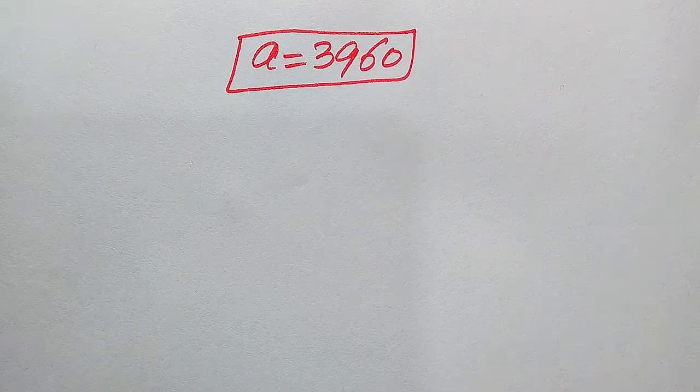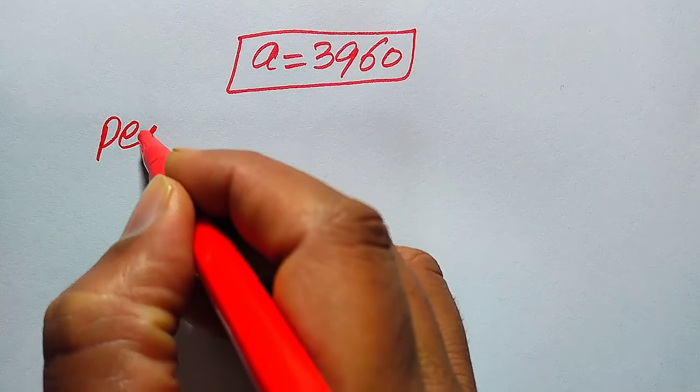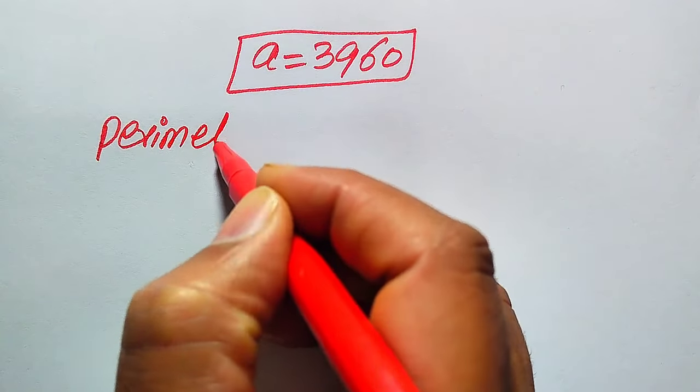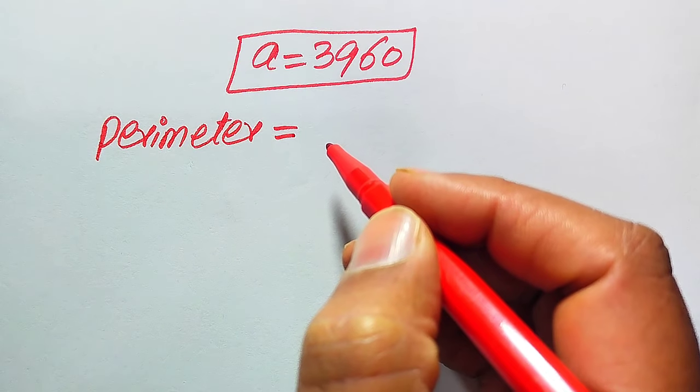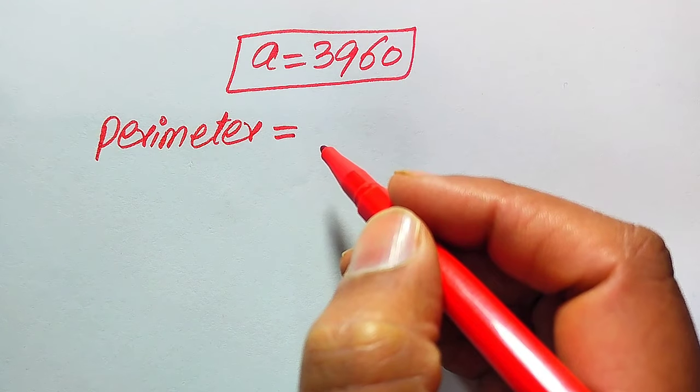And now finally we move towards the perimeter of the given triangle. You know the formula of the perimeter is the sum of the lengths of all the sides of the right triangle.